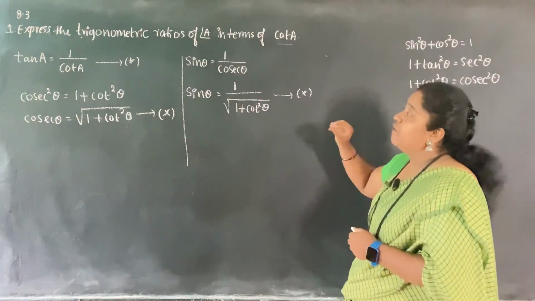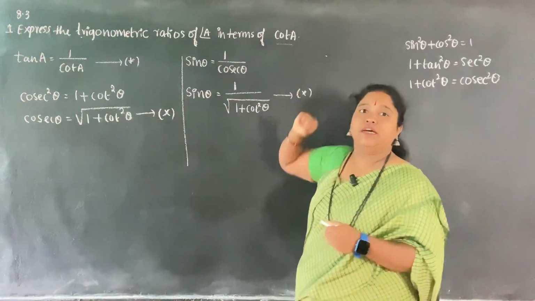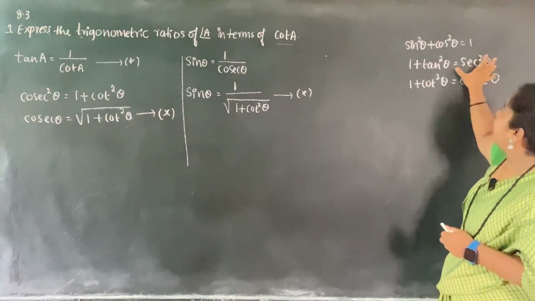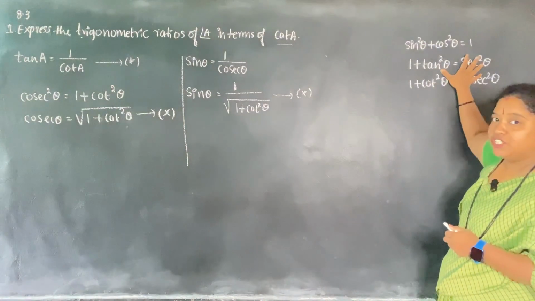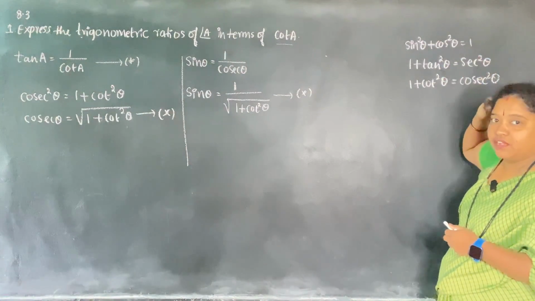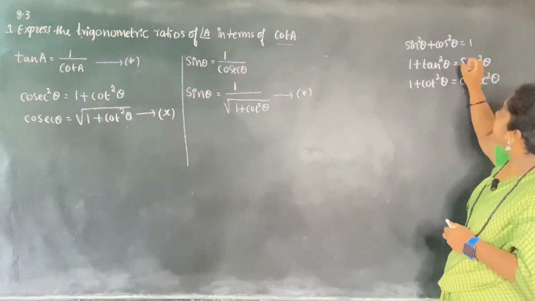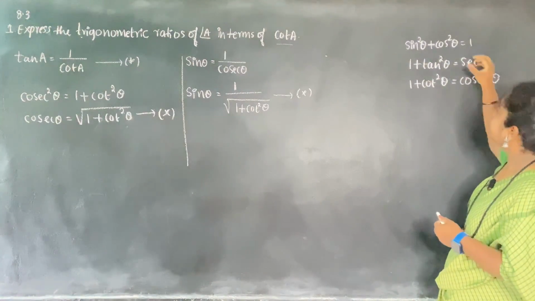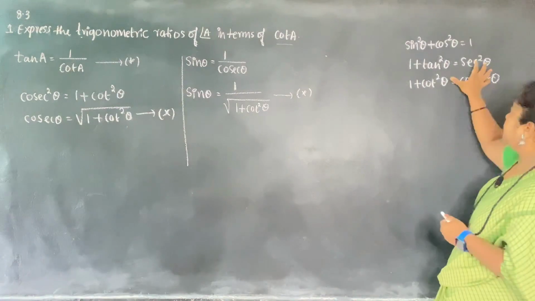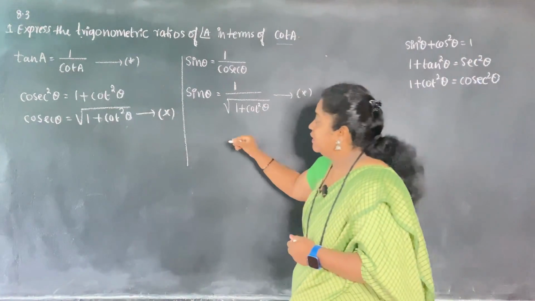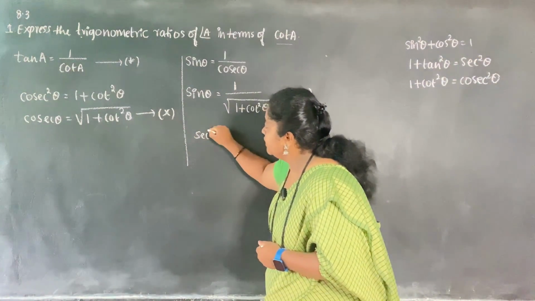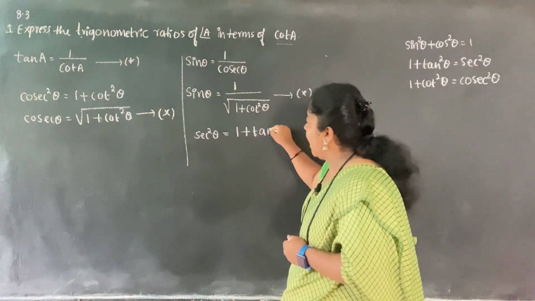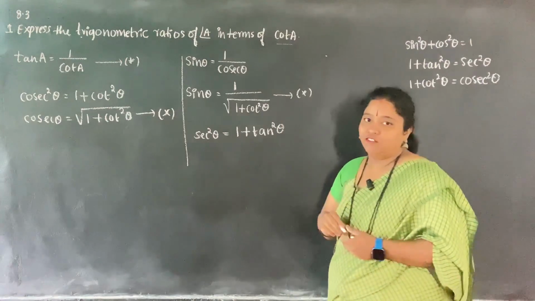Now dears, if I want to represent sec in terms of cot, look here, sec and tan are linked to each other, is it not? Now dear, by using this tan, I have to represent sec in terms of cot also. So let me use this identity. See here, secant square theta is equal to 1 plus tan square theta.